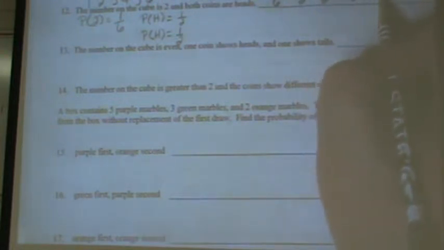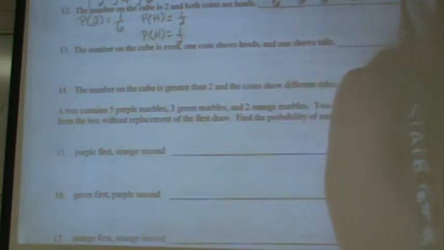So again, these are independent events. So if it's a 2 and both coins are heads, we're going to multiply through: 1/6 times 1/2 times 1/2. That's going to give us 1 out of 24, which is going to give us a decimal of 0.042.